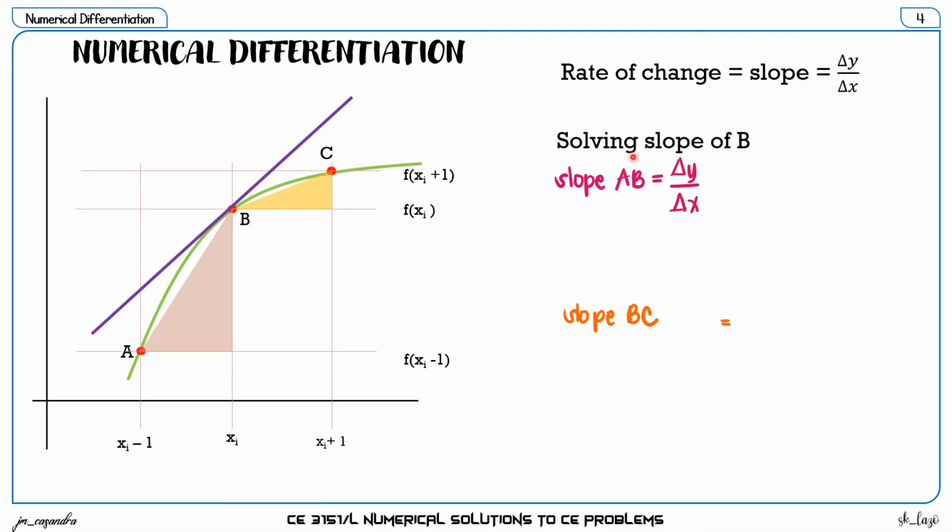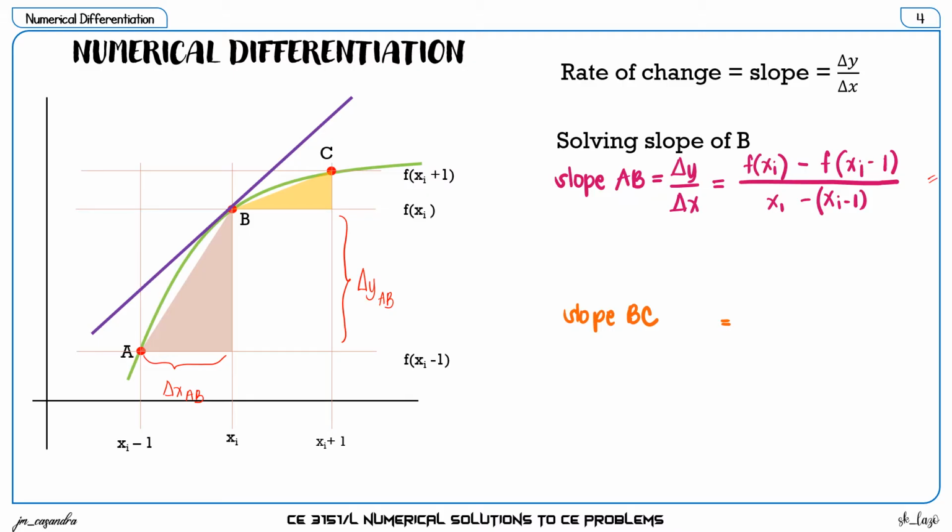For slope AB, that's delta y over delta x in terms of point A and point B. Delta y will simply be equal to f of xi minus f of xi minus 1. This one is our delta y for AB, and this is our delta x for AB.